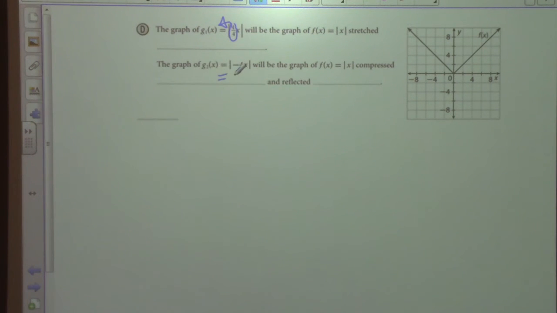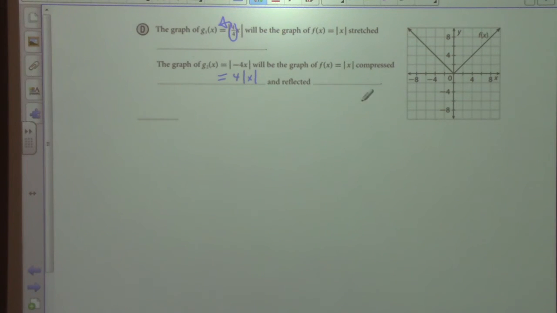To translate this, you can put the 4 out here, but when you get rid of that negative sign, this is what the thing is going to look like, because the negative sign is made positive by taking it outside. So it's not going to be reflected about the x-axis.